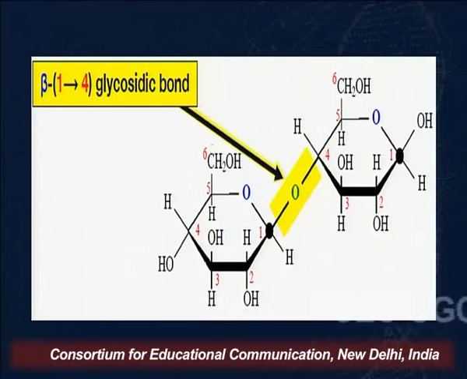So what are they? They are diastereomers, and because of this little difference at the configuration at the anomeric carbon, that is the glycosidic bond is different, the properties of cellobiose and maltose are very different.